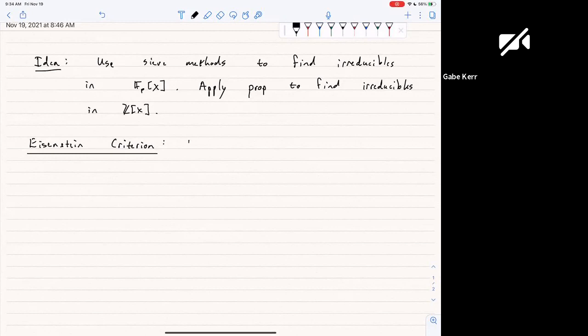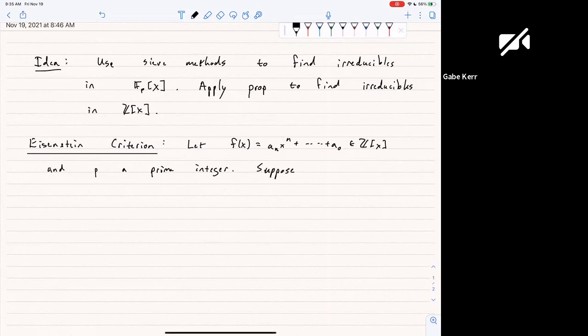So what does it say? Let f(x) be a polynomial with integer coefficients, and p a prime integer. Now this looks pretty funky, I agree, but here are the conditions.